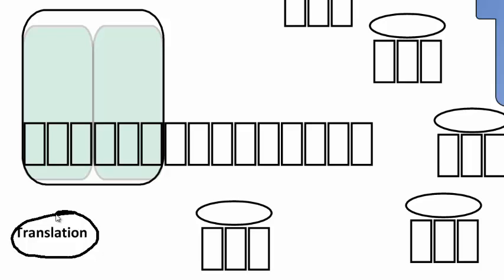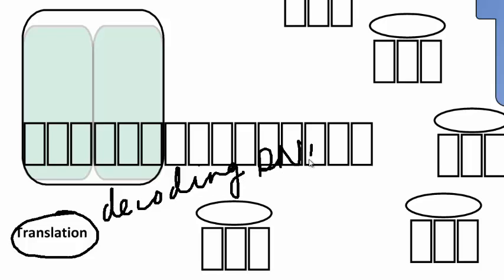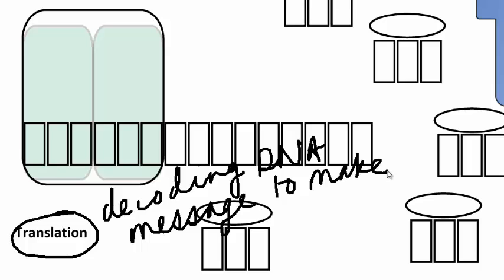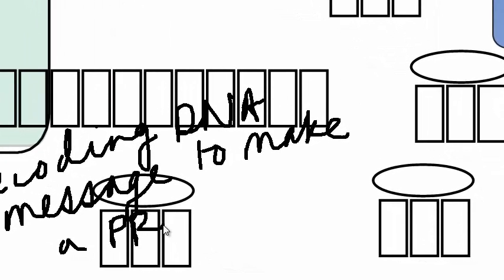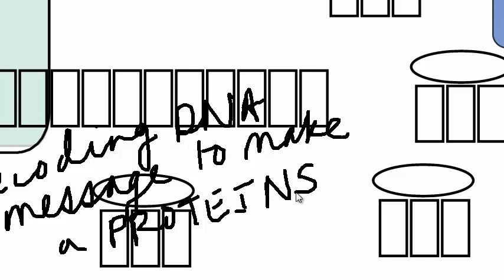So translation is decoding the DNA message, and when that message is decoded, it's going to make a protein. And proteins are what build your body structures, as we already discussed during biochemistry. So our last step of what DNA can do is called translation.